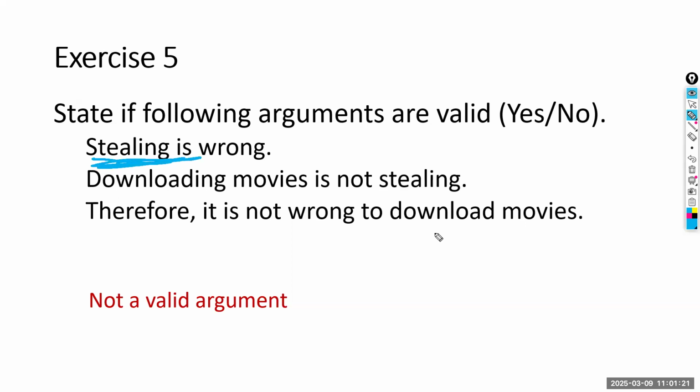Of course, downloading a movie is not stealing. But downloading a movie, you do some other wrong thing. Not stealing.